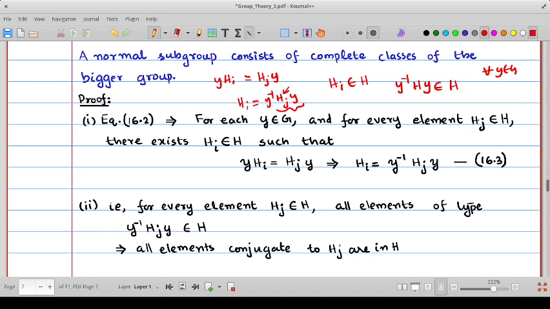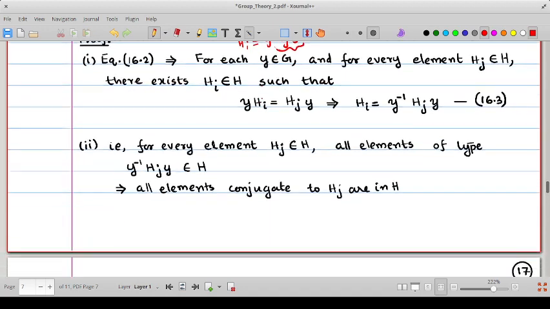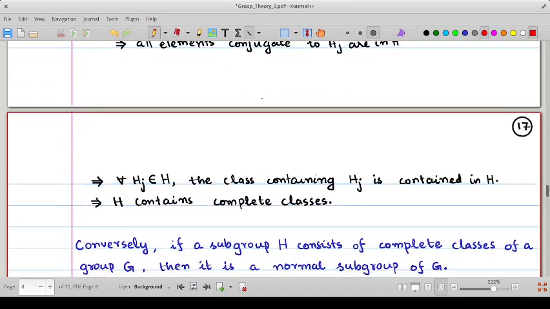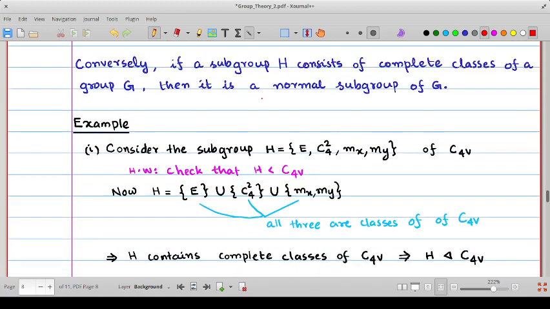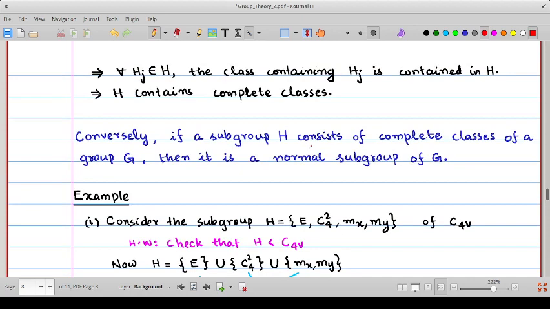So for any element Hj of the subgroup H, all elements which are in the conjugacy class of Hj are also in the subgroup H. And therefore, we have proven that H should contain all the complete classes if H is a normal subgroup. And conversely, we can show that if subgroup H contains complete classes of a group G, then it is a normal subgroup of G.